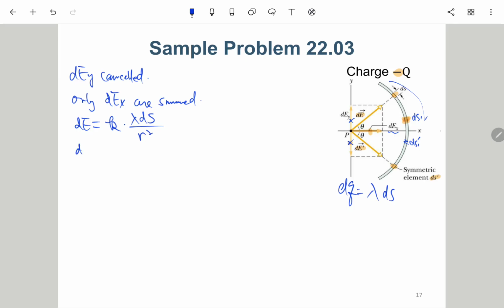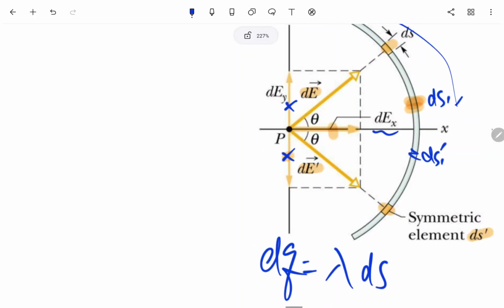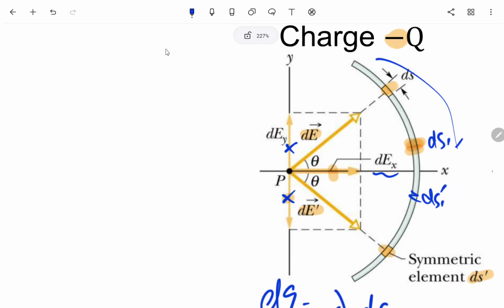So dEx will be dE times... Because this is an xy coordinate, as a polar coordinate we will always define this as 0 degree. So this is theta, and cosine of theta.